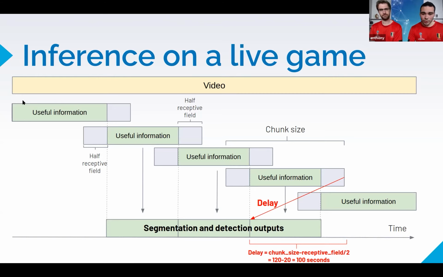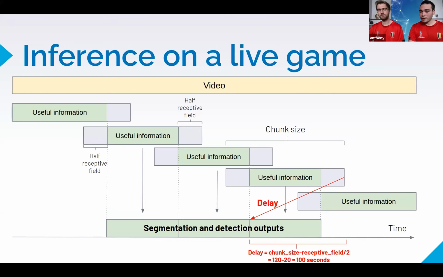But right now, what we're going to do is take it chunk by chunk. For the first chunk, we will have to wait 2 minutes to do our predictions. And right after, we will have to wait for the 2 minutes minus the receptive field to get the next predictions. This only introduces a delay, which we can directly control by the chunk size and the receptive field.